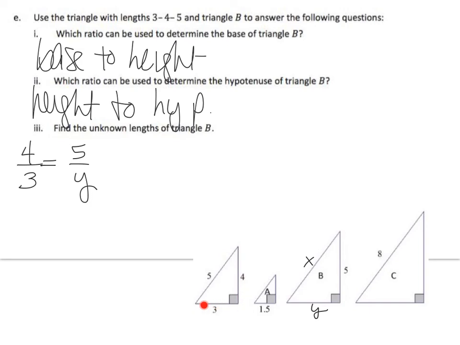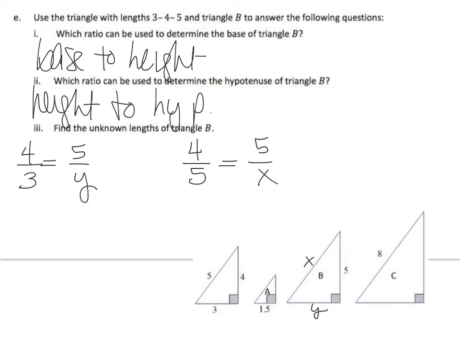If I'm trying to find the hypotenuse, I can do height to hypotenuse, 4 over 5 is equal to 5 over x.